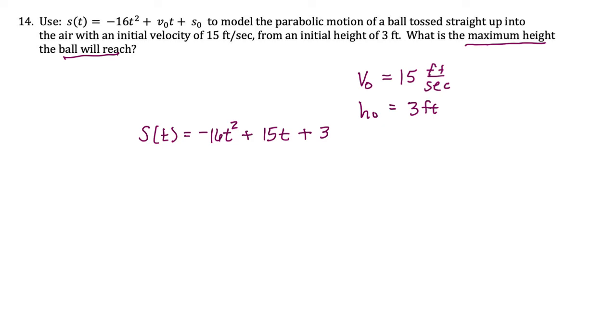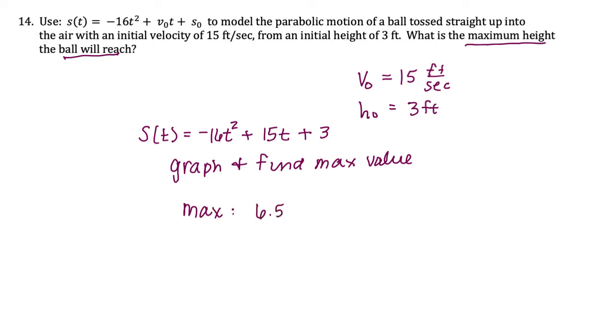So what you can do is graph this and find the maximum. And you should get your max height to be 6.52. All right, so again, a great calculator problem.